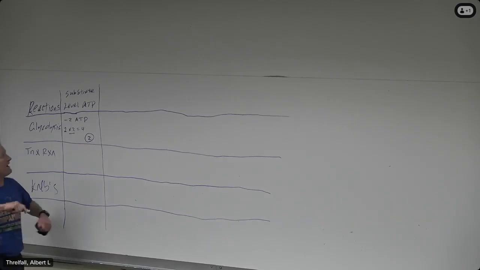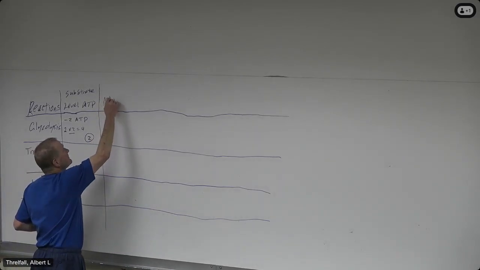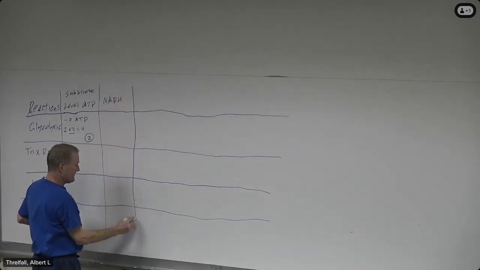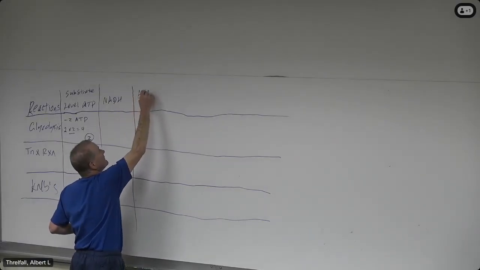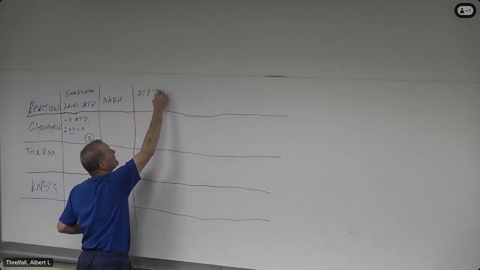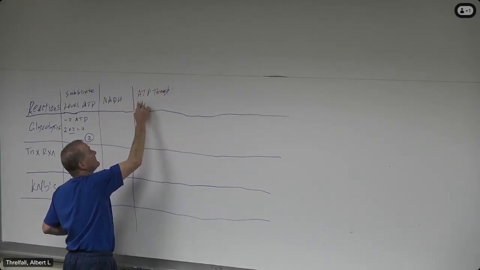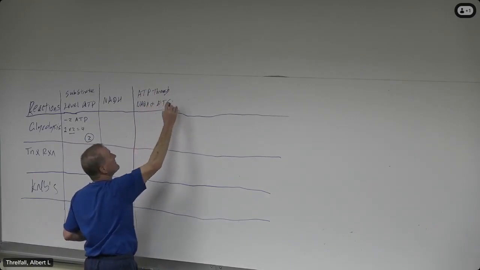All right, our next column is NADH. Of course, the NADH is not ATP, so our next column is ATP through NADH and the electron transport system.